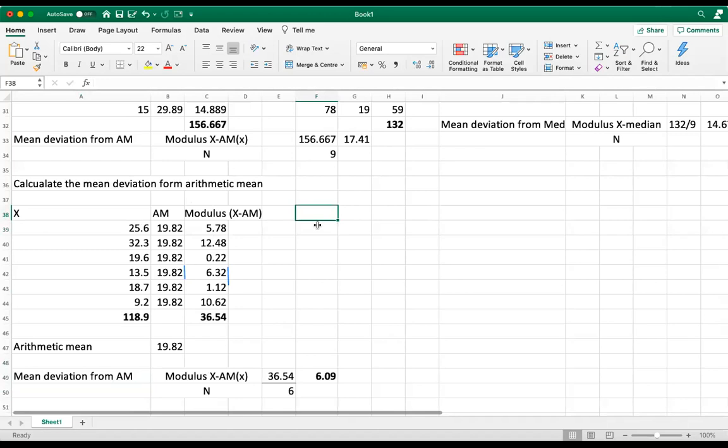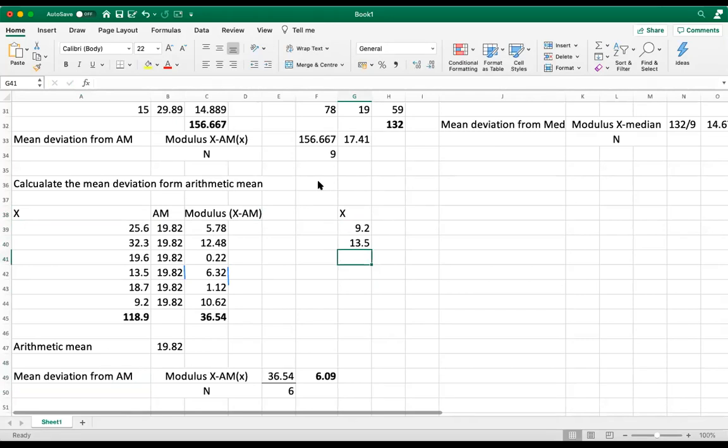Now again I will copy this same sum. We will do this sum also. X is given as 25.6, and let me sort it first. 9.2, and then 13.5, which is the next value.